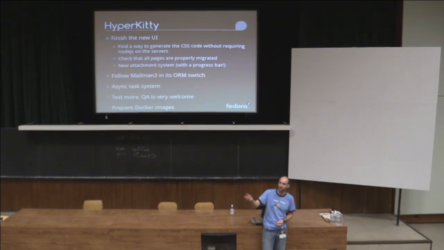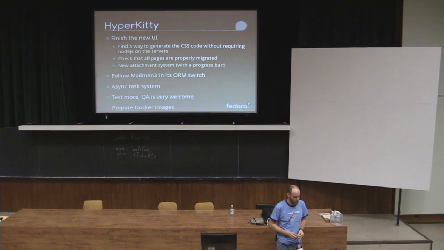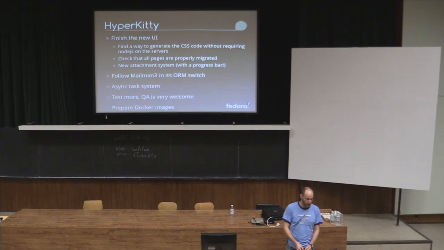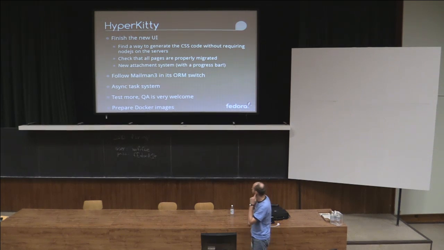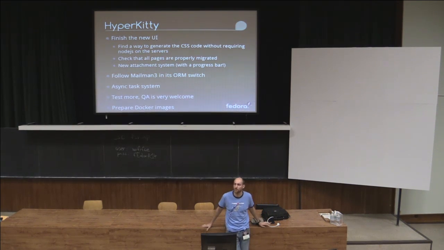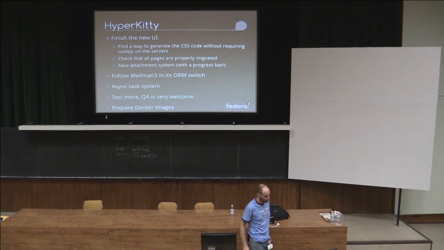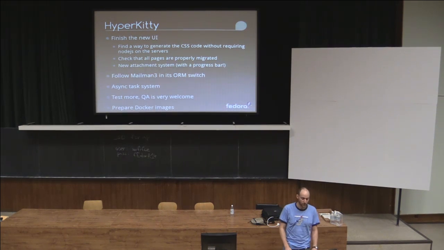We have to recreate the inbox files, and we have thousands of emails, so we will need something a bit more advanced, but it will be done. And we need testing. We need a lot of testing. I'm going to prepare Docker images so it can be easier to install and test. But if you guys want to test it, that would be useful.